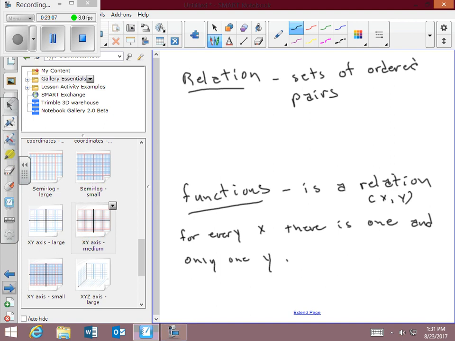It just so happens there's only one second person, but each of you individually are associated with just me. For every x, there's exactly one y. That makes sense? Both are what? Relationships. Only one is a function. So you see, a function is a special relationship. That makes sense?